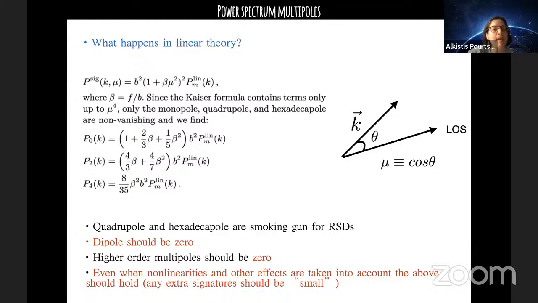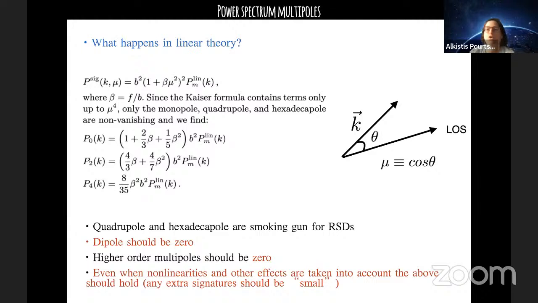Since the Kaiser formula contains terms with mu, the cosine of the angle between the k vector and the line of sight, only going up to mu to the 4, if you do the math, it's very simple. You will see that in linear theory only the monopole, quadrupole, and hexadecapole are non-zero. These are the multipoles that optical galaxy surveys use, because even in non-linear theory the higher order multipoles are very tiny.